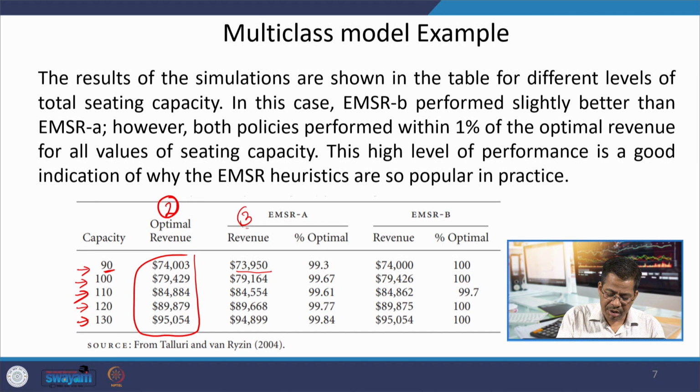This is column 3, this is column 4. So, the calculation of column 4 is with respect to columns 2 and 3. Similarly, for capacities of 100, 110, 120 and 130, we got different levels of revenue, and most of the time you will say that it is almost optimal.